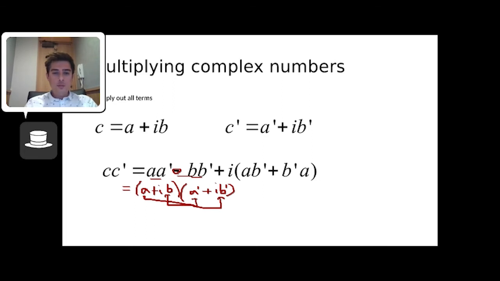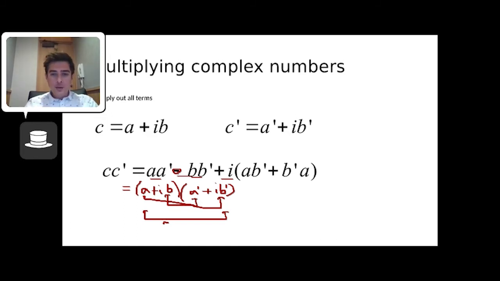The other terms just come from the other cross cases. The A times B prime term comes from this pair, so this is A and i B prime. There are no minus signs there, so this one has a coefficient of plus i. And then the final pair is B and, I think I've got a typo here.